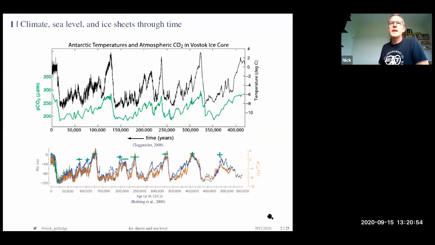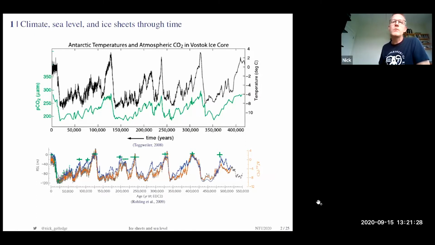Excellent. So hopefully this kind of plot is at least familiar to a lot of you. I know there's a wide range of backgrounds in this audience, but basically what we're looking at here is the way that Antarctic temperature changes over the last, in this case, 500,000 years, and how that relates to changes in CO2 in that top panel, but also looking at how that change relates to changes in global sea level, in this case from a relative sea level proxy.